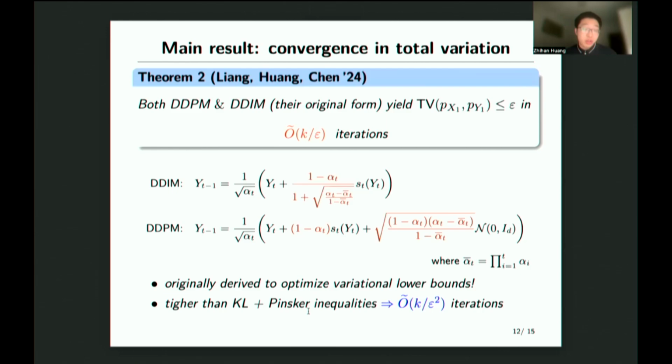Another thing I want to mention is that there are previous results on convergence in KL divergence. If we apply their result plus Pinsker's inequality to get this type of TV convergence, our bound is actually tighter. With KL divergence plus Pinsker, we would get approximately k over epsilon squared iterations, which is much larger than k over epsilon iterations.